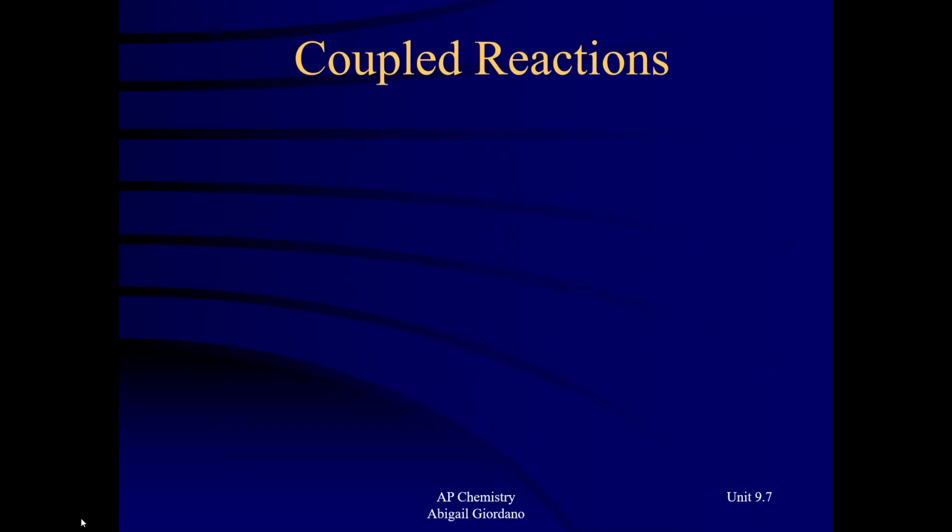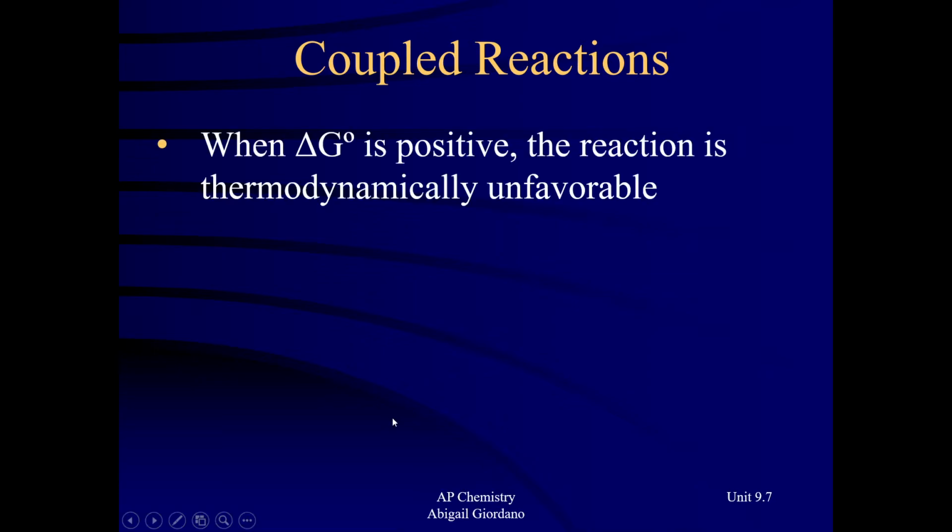You're probably getting really tired of hearing me talk again and again about what the different signs of delta G, change in Gibbs free energy, mean. But let's just say one more time, when a delta G value is positive, that means the reaction is thermodynamically unfavorable. It is not going to happen on its own. It could happen if we help it out in some way.